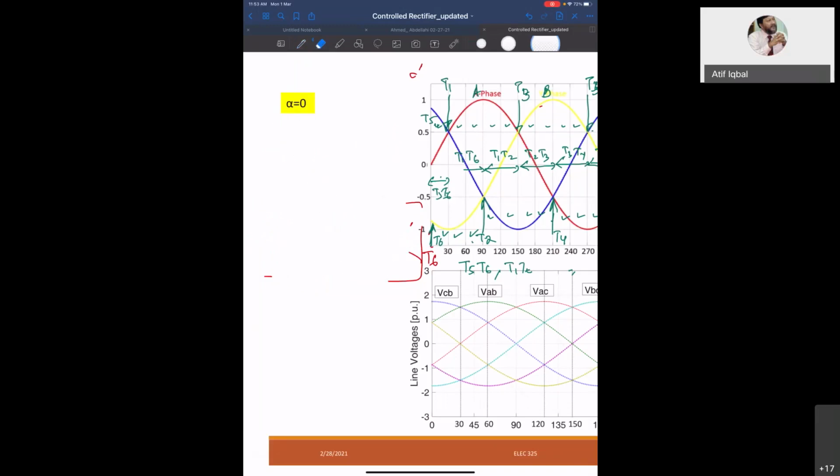Let me draw it clearly. This is my T1, T3, T5. T2, T6, T4.